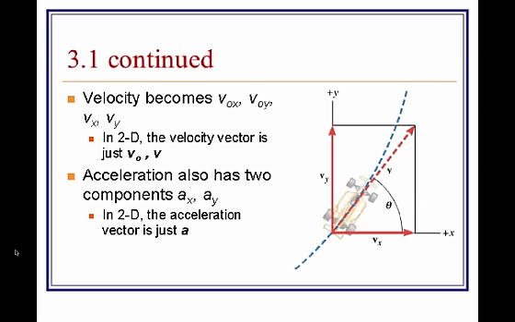Similarly, any acceleration given as a vector a has both an x and y component and can be broken into those. We will not worry about any change in acceleration, as we will be dealing mainly with a constant acceleration throughout this course.